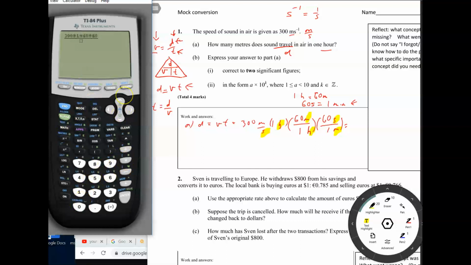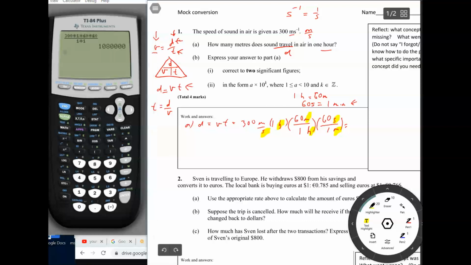And at the bottom, you're going to put 1 times 1, which is actually just 1. Then you hit enter. So my answer is 1,080,000. So I'm going to write that just for a second. 1,080,000.